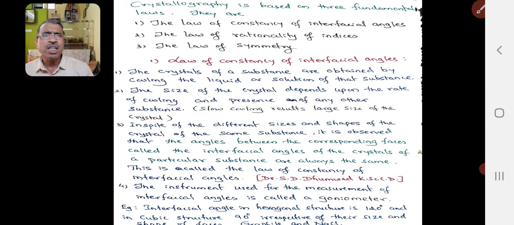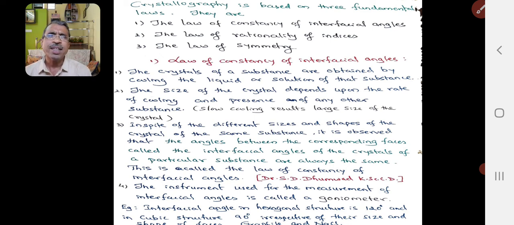The size of the crystal depends on the rate of cooling and the presence of any other substances. We know slow cooling results in a large size of the crystal, and fast cooling results in small crystals, but the inherent character of the crystal remains the same.